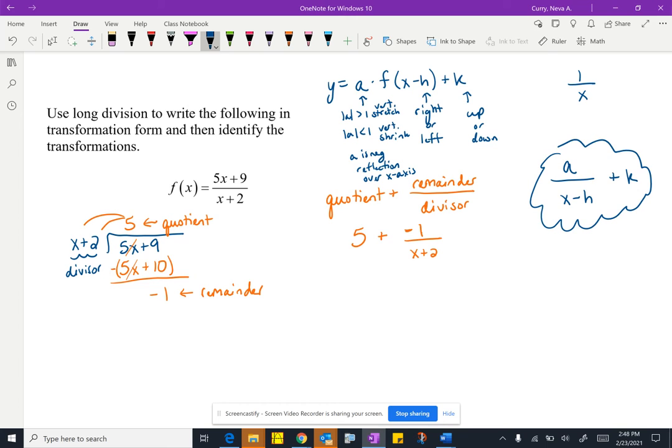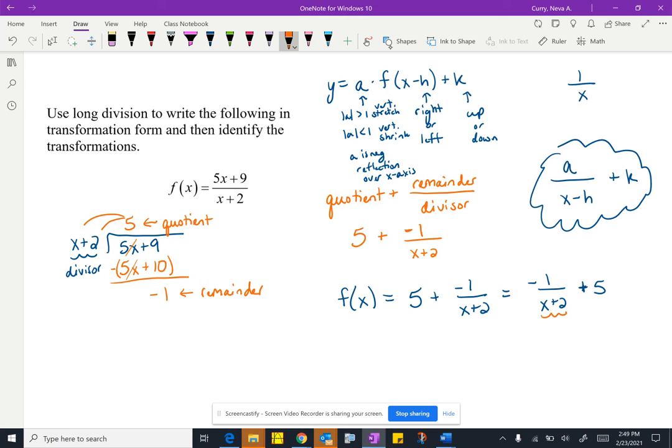And if we look at, we're currently saying f of x equals the 5 plus the negative 1 over (x plus 2), which could also be written as negative 1 over (x plus 2) plus 5. We can switch that order because addition is commutative. Hopefully we notice like in with the x is this plus 2.